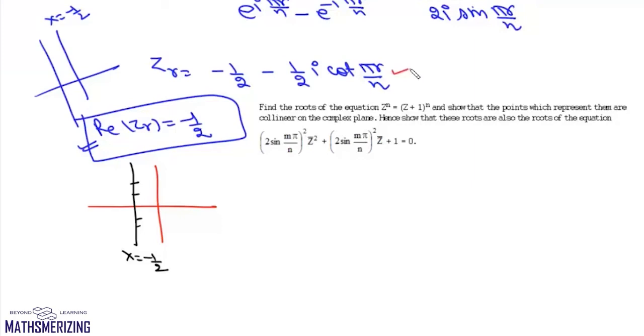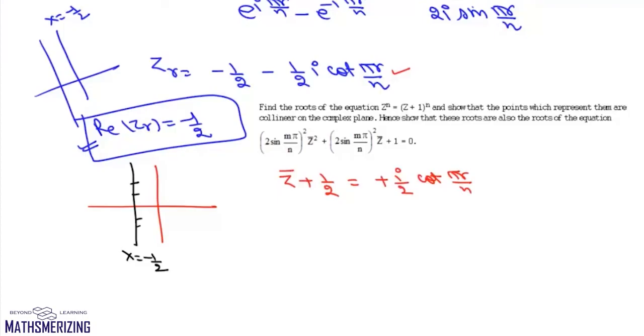Now what we'll do is, we'll take this equation and write this as z plus 1 by 2 equals minus iota by 2 cot pi r by n, and if we take its conjugate, we'll get z bar.